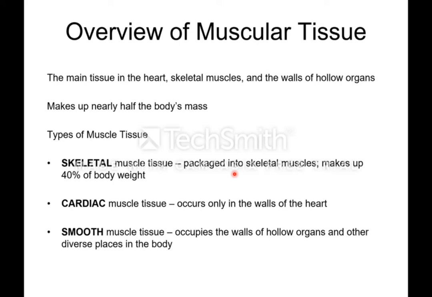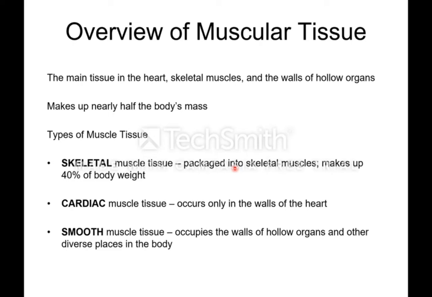Muscular tissue is the main tissue of the heart, skeletal muscles, and walls of the hollow organs, and it makes up nearly half the body's mass. There are three types of muscle tissue in the human: skeletal muscle tissue that is packaged into skeletal or striated muscle, making up 40% of body weight.